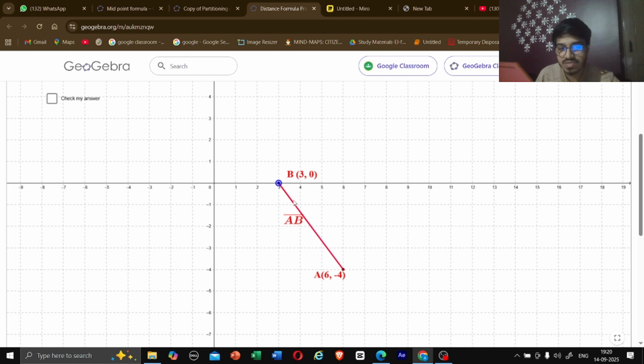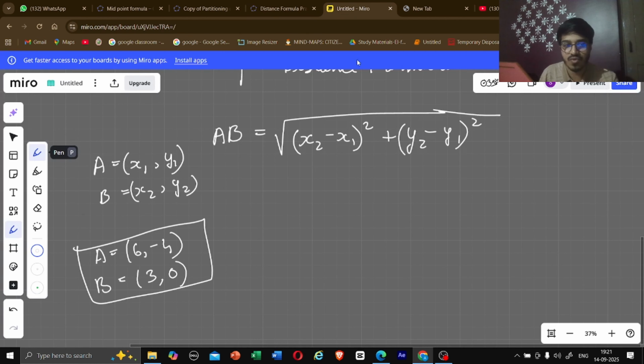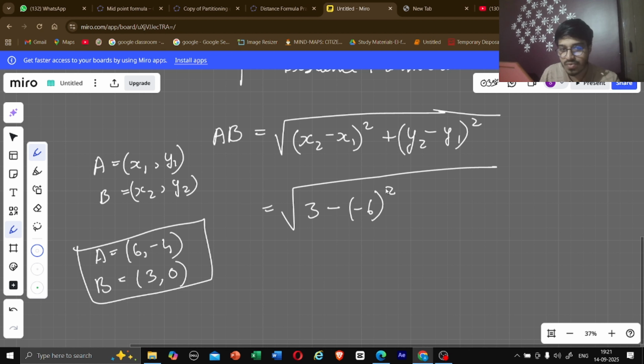So we have to find the distance from A to B using the distance formula. So what is x1? What is x2? X2 is the x coordinate of B, right? 3. So whole root of 3 minus x1. What is x1? 6. Oh, sorry.